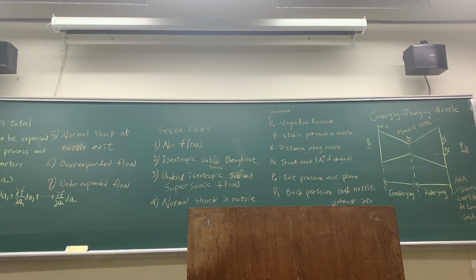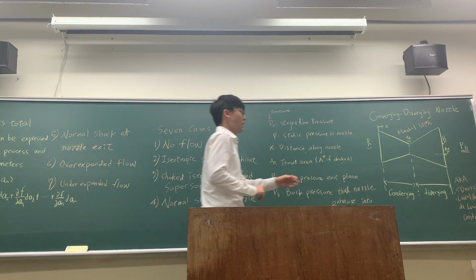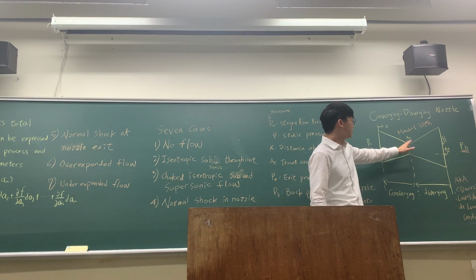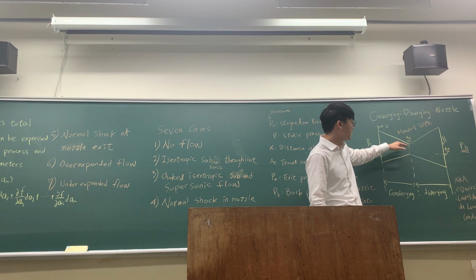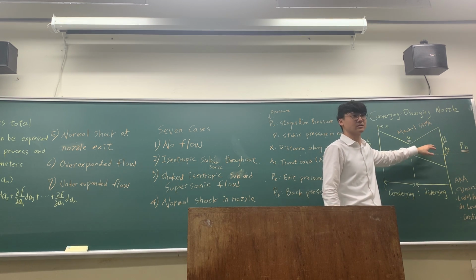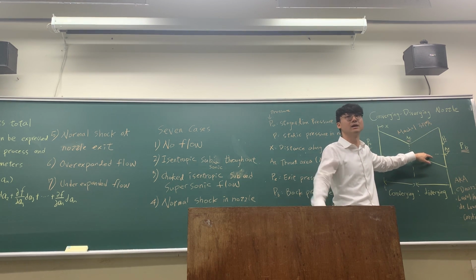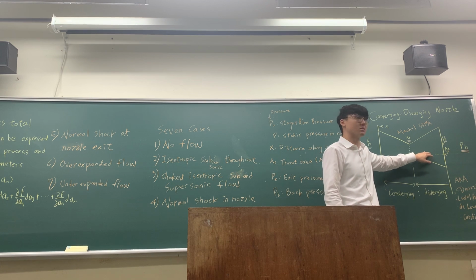Fourth is normal shock in nozzle. This is a similar version of the third case, except that once you have supersonic speed past Mach equal to 1, instead of maintaining that supersonic speed in this convergent-divergent nozzle, it has a jump.